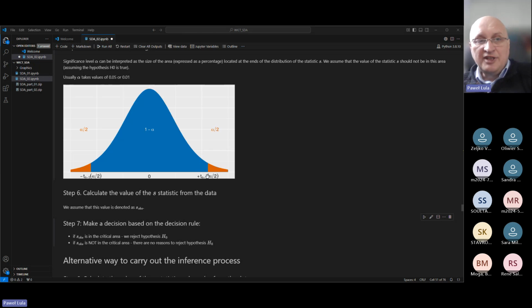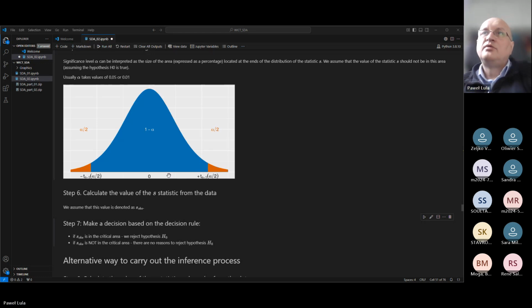It is sometimes difficult. And many years ago, we used some tables with values for different distributions, and we calculated it. But it was rather boring.